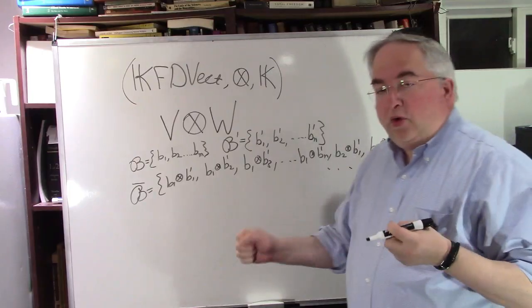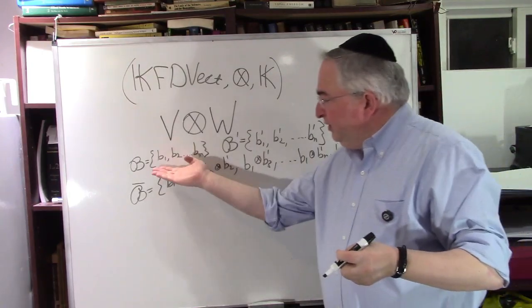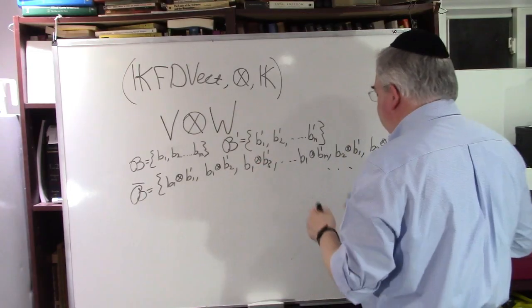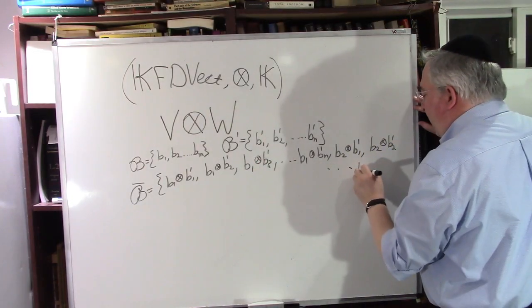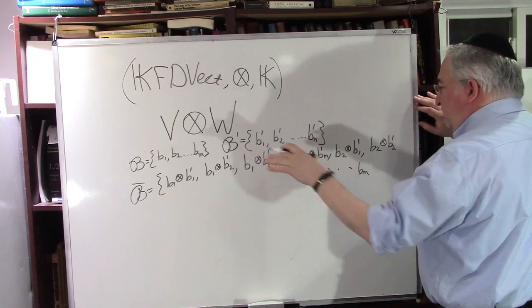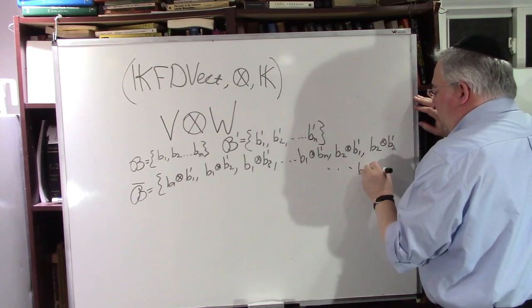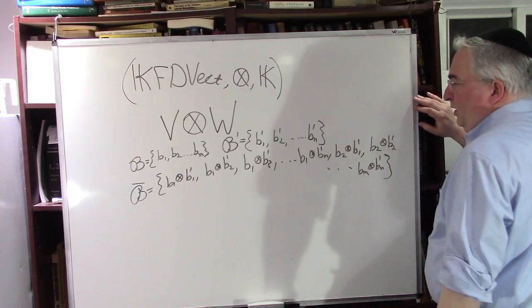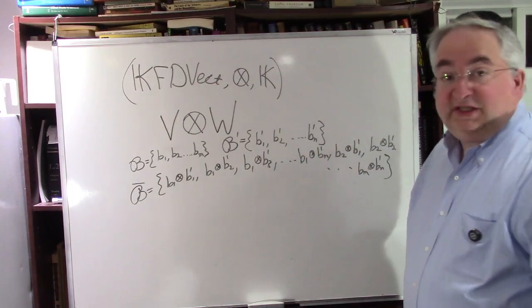So it's going to be all pairs, this guy tensor this guy, okay? The last one will be Bm, not last because these are sets, we don't care about order, tensor Bn prime.